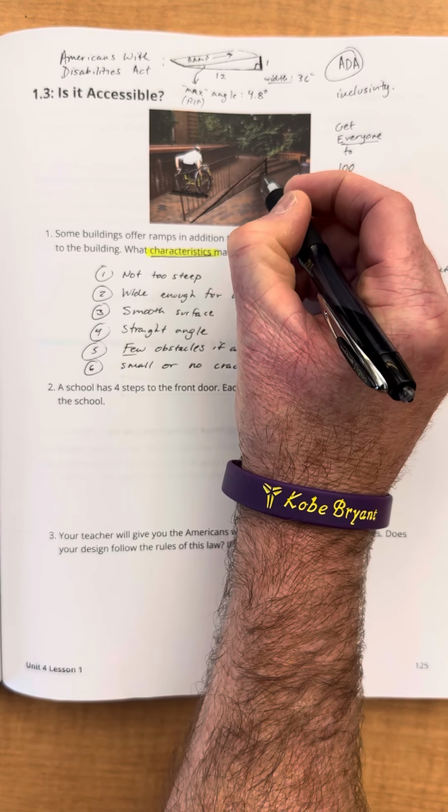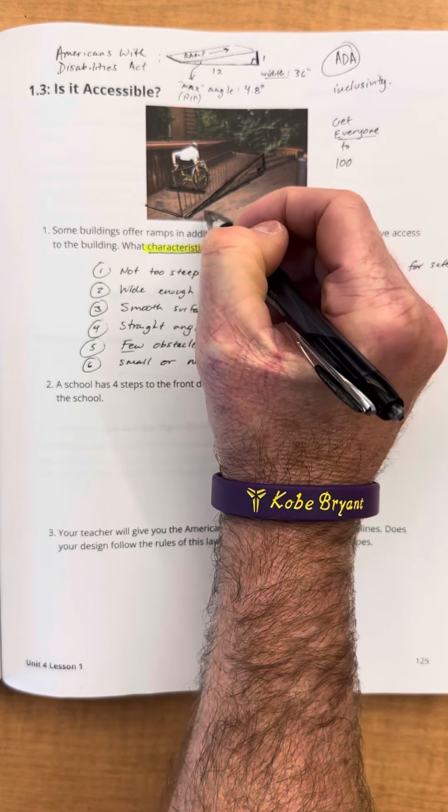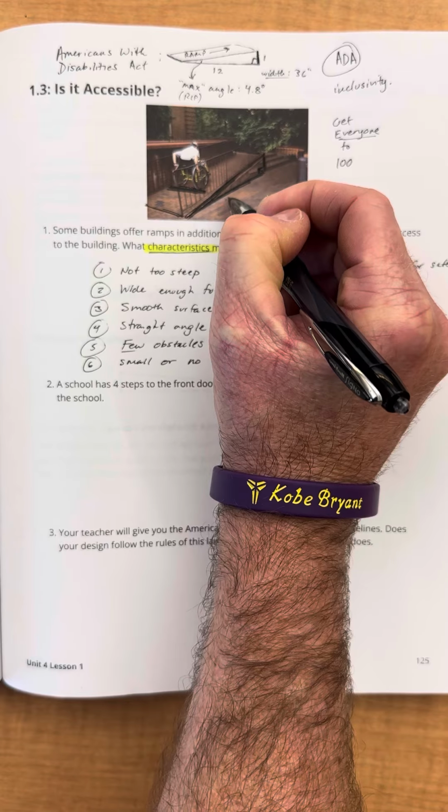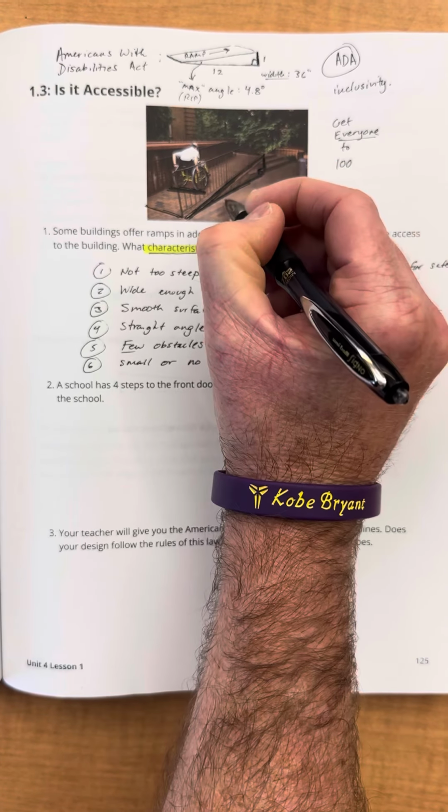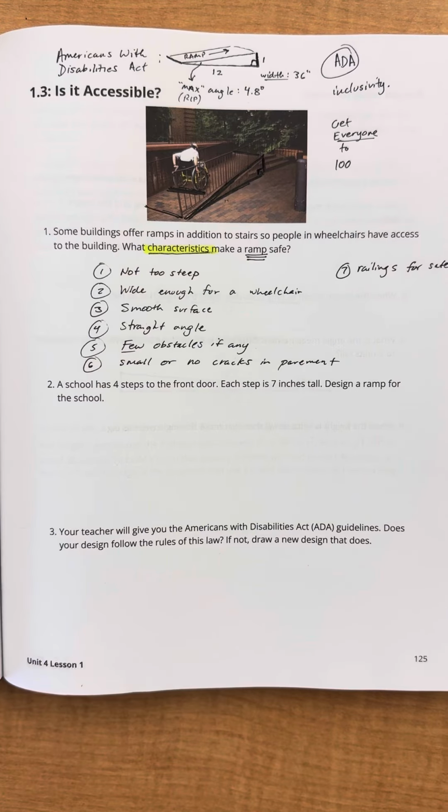But essentially, here's your drawing of your ramp, which is very similar to this. So this is 90, this is 4.8. If this is 12 feet, this is 1. If this is 24, this is 2. Okay, I just got a notification I'm low on battery, so I might have to speed up a little bit.